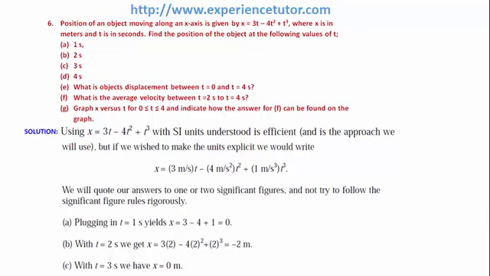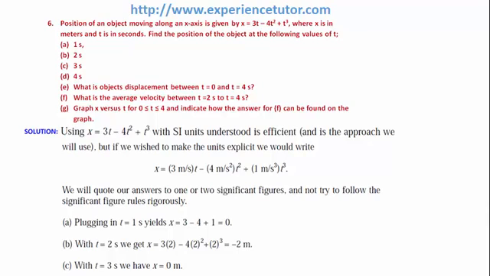A is equal to 1 second, B is equal to 2 second, C is equal to 3 second, D is equal to 4 second, E is what is the object displacement between t is equal to 0 and t is equal to 4 second, F what is the average velocity between t is equal to 2 second to t is equal to 4 second, G draw a graph x versus t for t greater than or equal to 0 and less than or equal to 4, and indicate how the answer of F can be found on the graph.